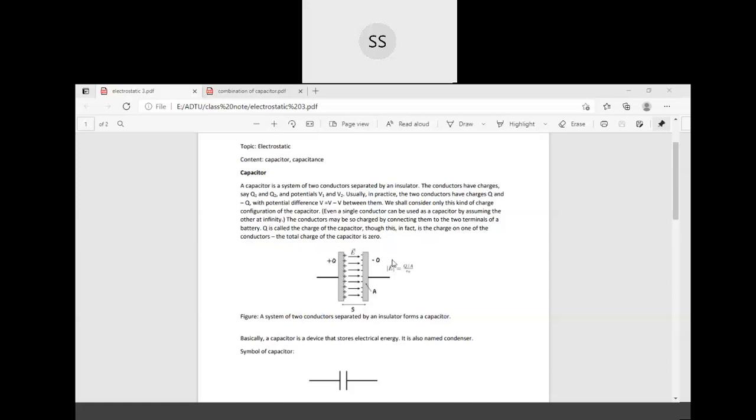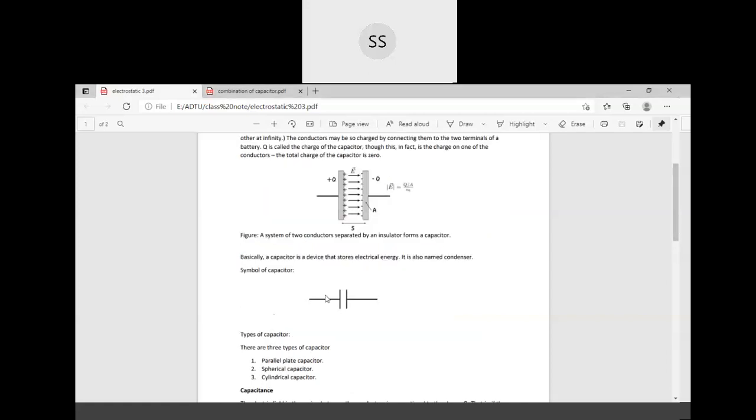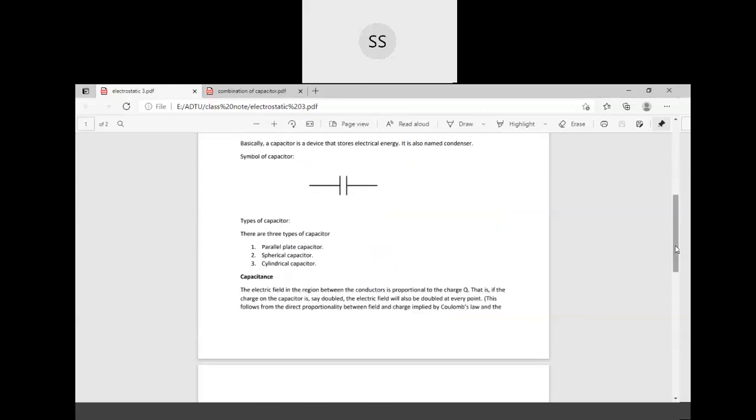So this is a basic capacitor, and this is the symbol for a capacitor. And there are three types of capacitor: parallel plate capacitor, spherical capacitor, and cylindrical capacitor.